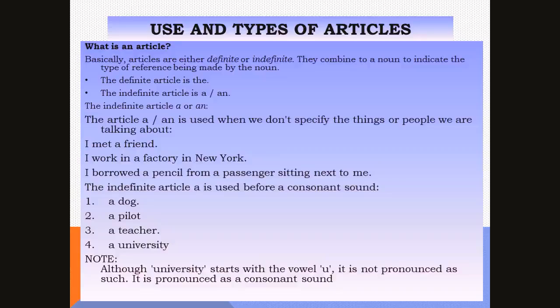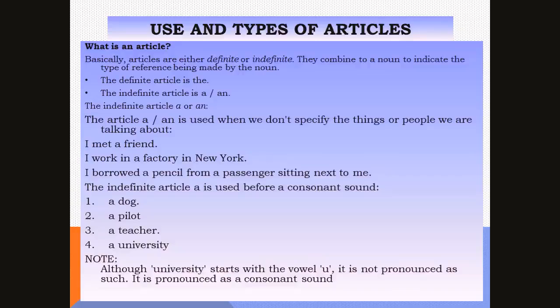The indefinite articles a and an are used when we don't specify the things or people we are talking about. I met a friend. Anyone from my friends; there is not a definite friend.